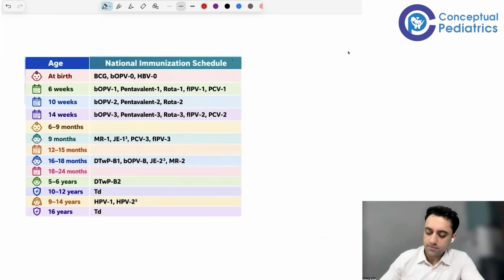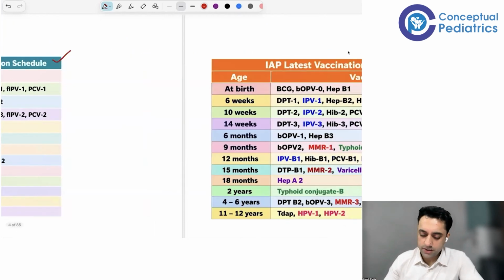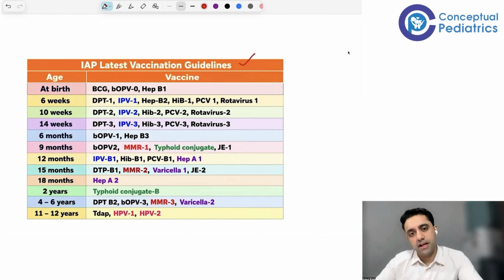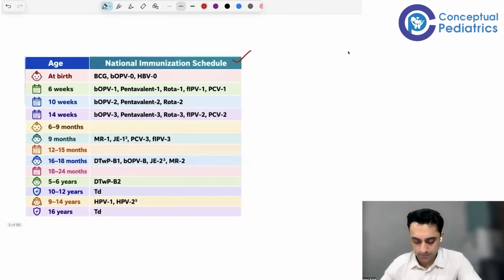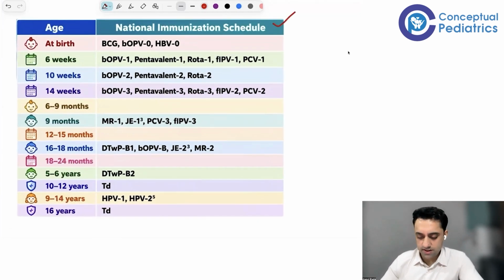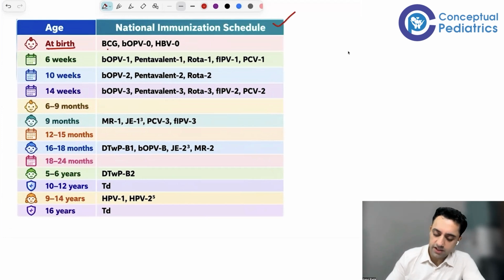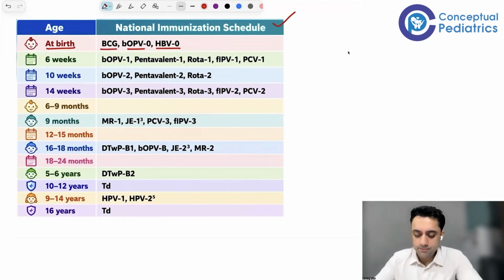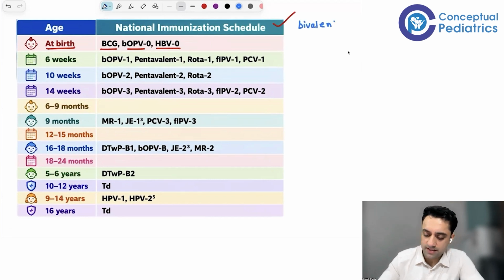Now see, there's something known as National Immunization Schedule and something known as IAP, Indian Academy of Pediatrics Schedule. In the National Immunization Schedule, at birth, you will give BCG, OPV, and Hep B. For OPV, we are now using bivalent oral polio vaccine.